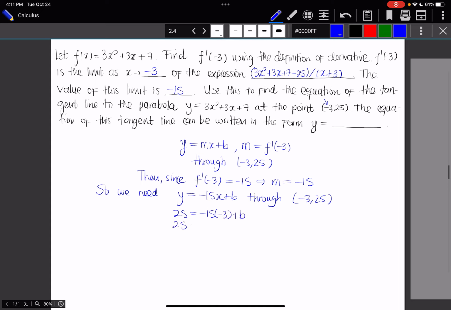So 25 is 45 plus b, or same thing, b is 25 minus 45, and 25 minus 45 is -20. So b is -20. And with that value of b, the line has equation -15x take away 20. So here we write -15x take away 20.